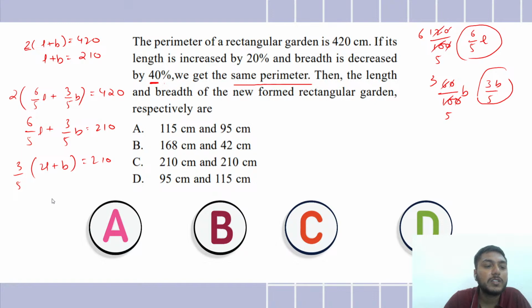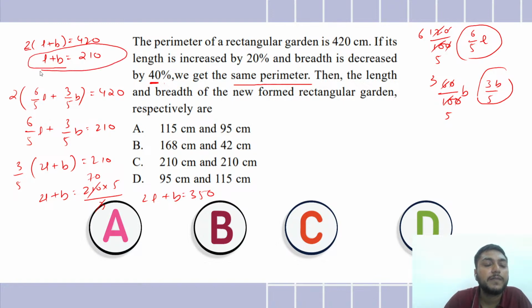We'll again solve this equation. 2L plus B is 210 into 5 by 3. So 3 sevens are 21, we got 70. 7 fives are 35. So 2L plus B is 350, right? Now we have this equation: L plus B is 210. Substitute this value in the equation 2L plus B is equal to 350.